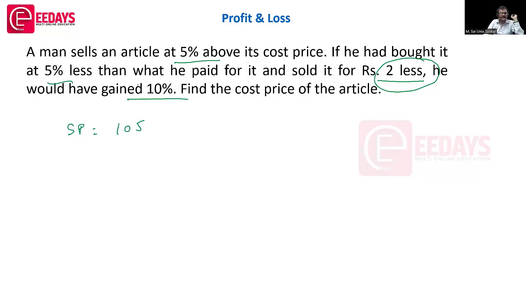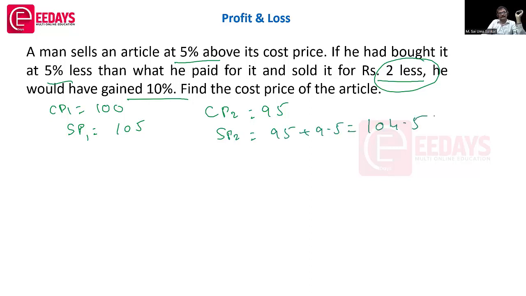Okay? Here, sells at 5% above the cost price. What is this, SP1? What is the CP1? Always equal to 100. What is the CP2? 5% less, 95. What is the SP2? 10% gain, and 10% means 9.5. So 95 plus 9.5, that is equal to 104.5.